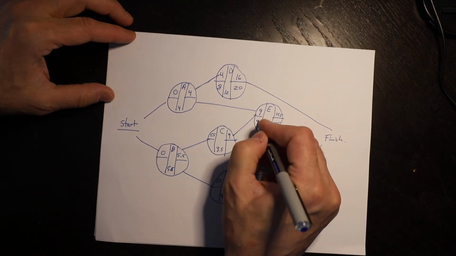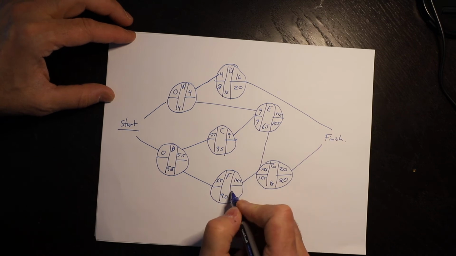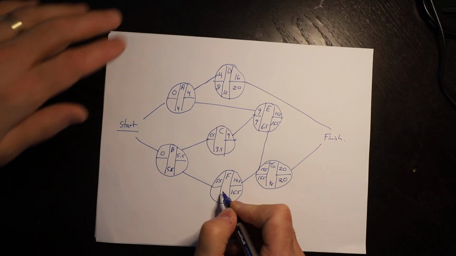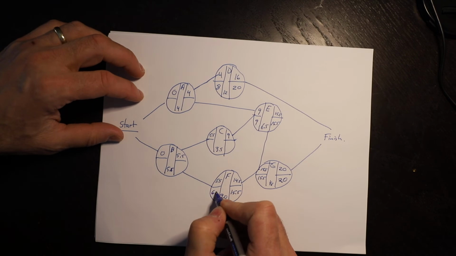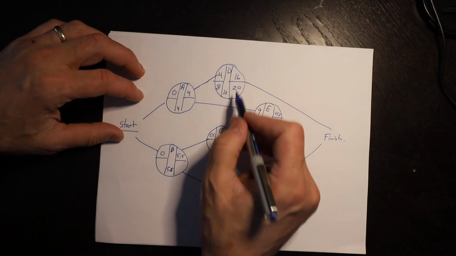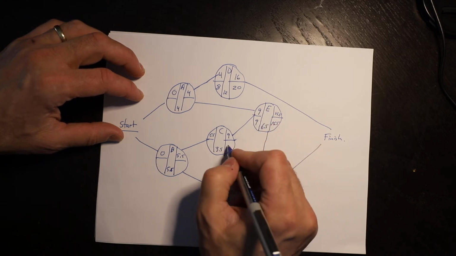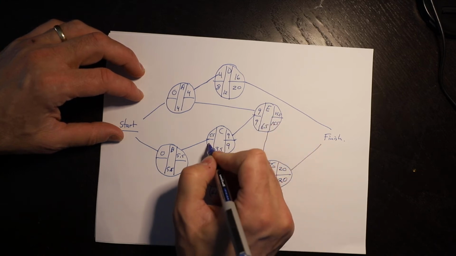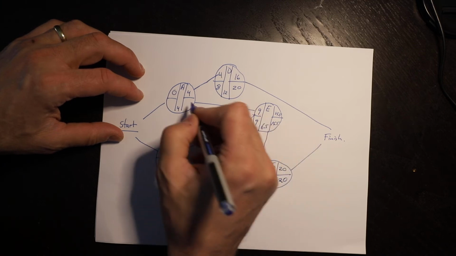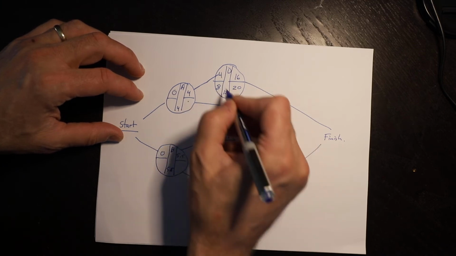15.5 and 9. 15.5 and 6.5. You can see we have slack here, we have slack here, no slack here. We do 9 and 5.5, and we have 9 and 8 here.